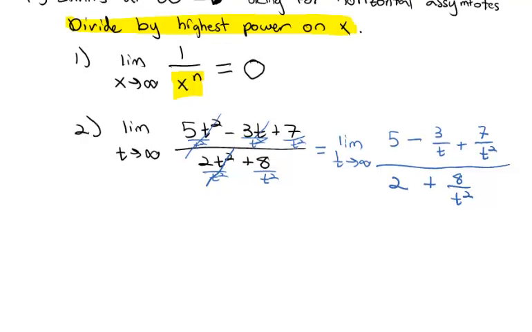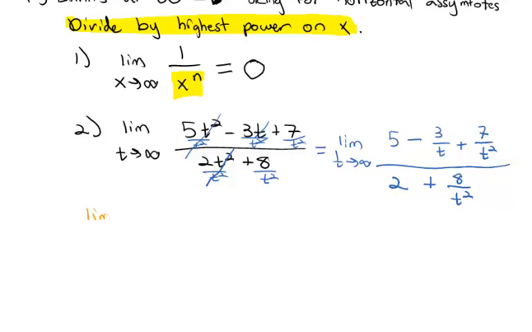Now we still can't plug infinity in for our t's. But we're going to go back to using our limit properties that we talked about earlier, where instead of trying to take the limit of the entire thing, we'll take the limit of the pieces and then add and subtract what's left.